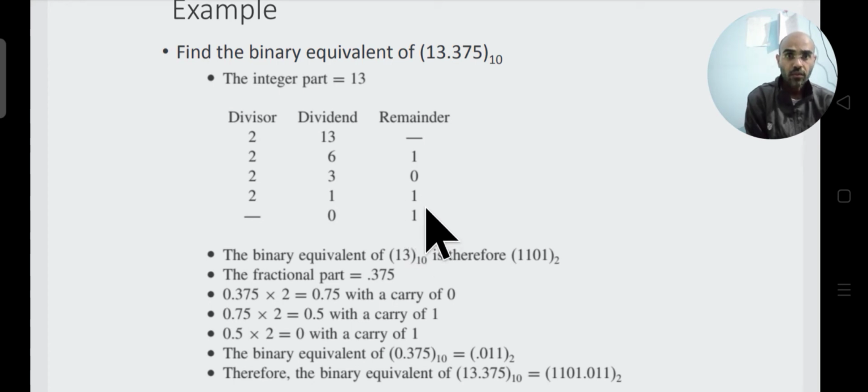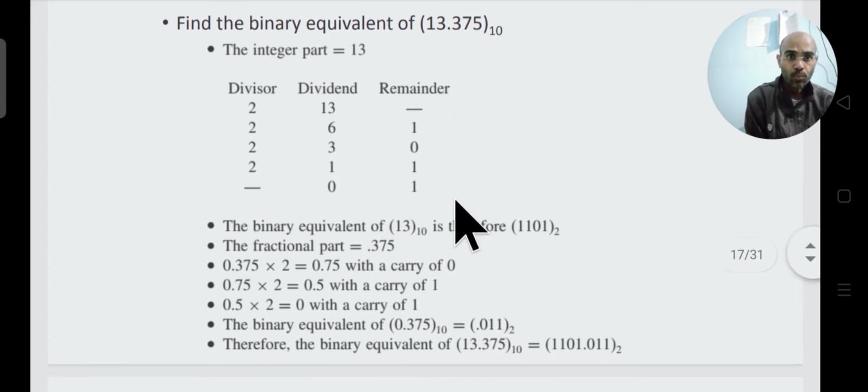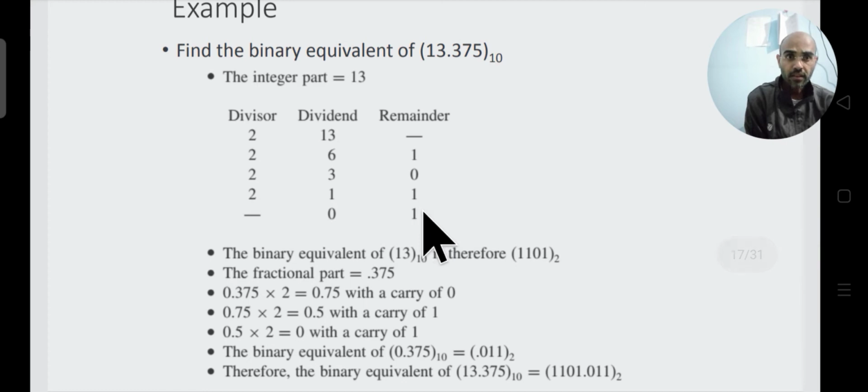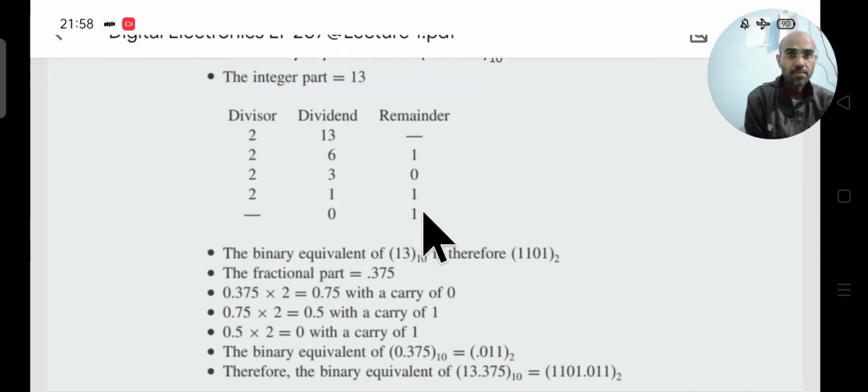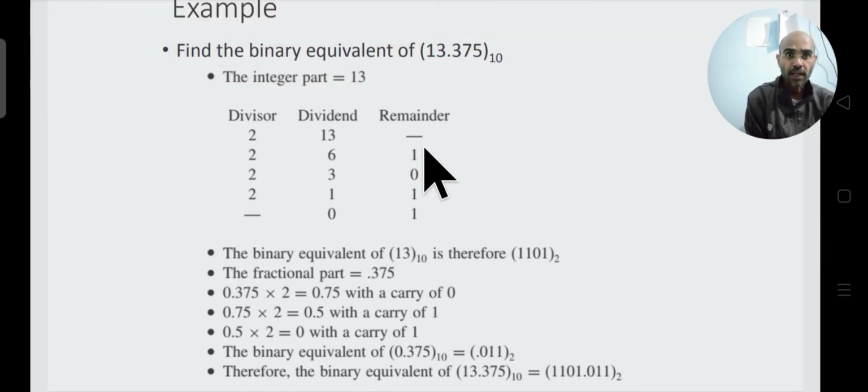Now, when we have to denote this 13, which is the decimal number, in binary notation, we will start noting down the digits in this order from here. So this one will become our MSB, whereas this one will become our LSB.